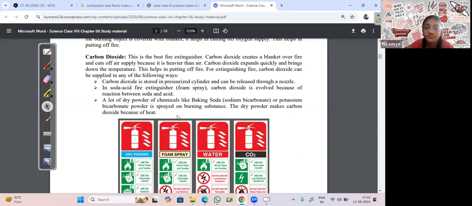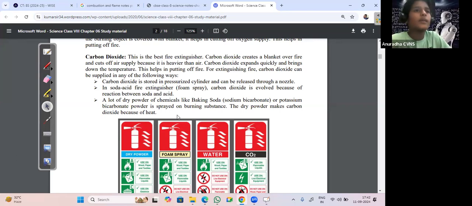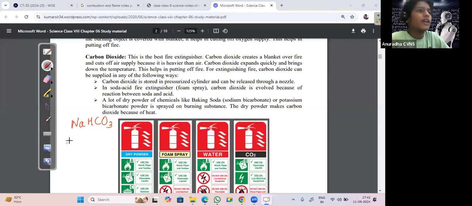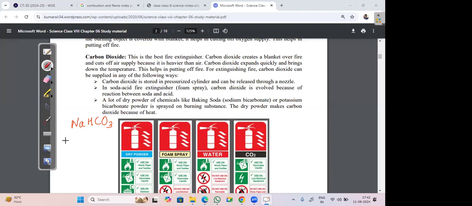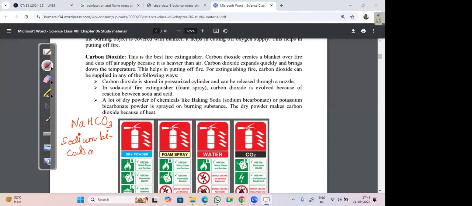The formula of sodium bicarbonate is NaHCO3. This is sodium bicarbonate, also called sodium hydrogen carbonate. Both are the same.